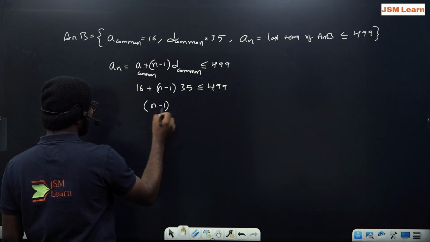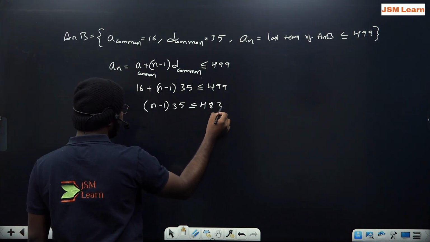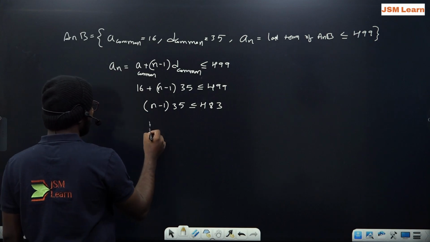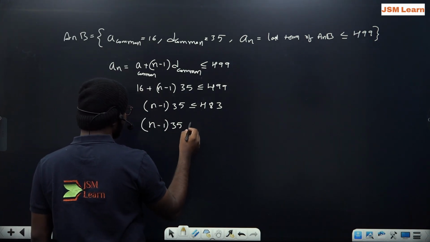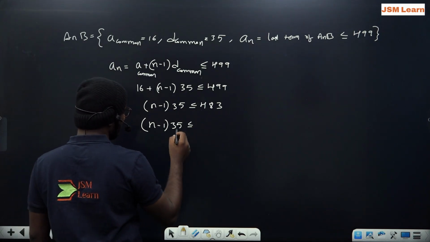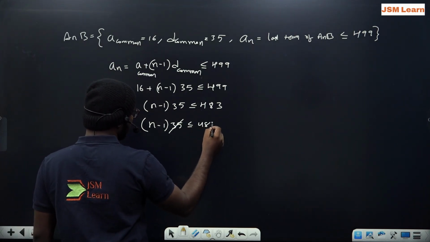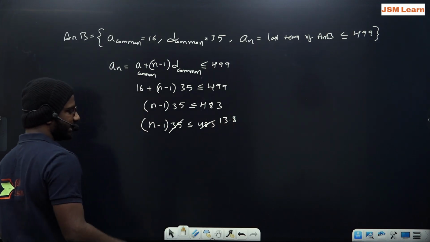So n minus 1 times 35 is less than or equal to 483. Dividing, n minus 1 is less than or equal to 13.8.